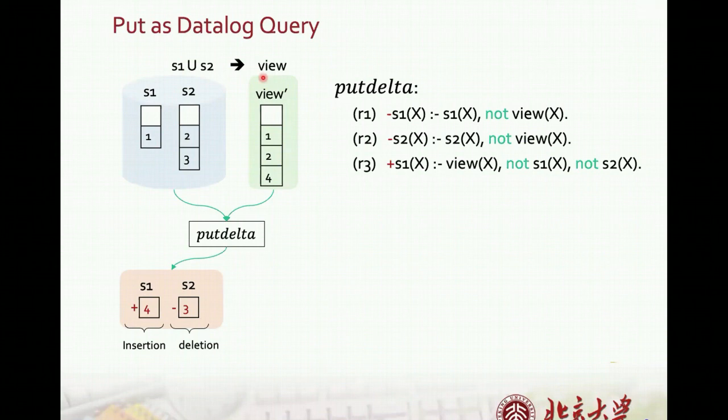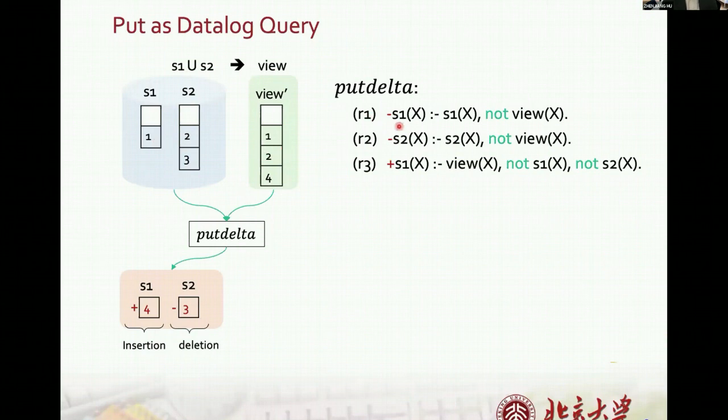So we can do that. This is actually the program the user needs to write, the strategy put, in order to synchronize these two. The only thing they need to write is this. What needs to be deleted from S1? What needs to be added to S1?